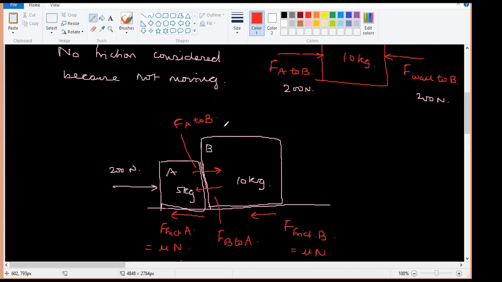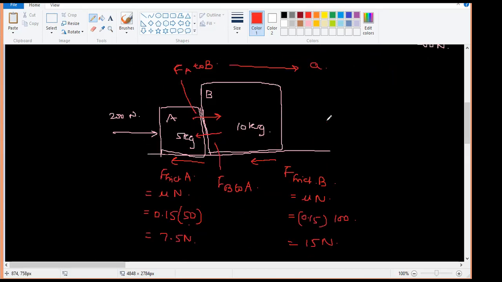So the entire thing will be accelerating with a certain acceleration value A. Anybody not following this? Why is there no force here? Because there is no wall, which means there is no contact force here.